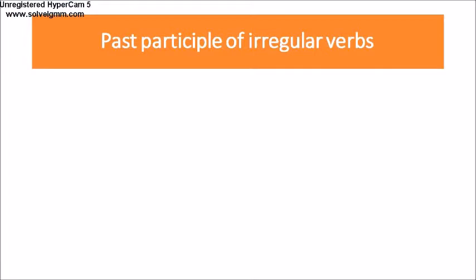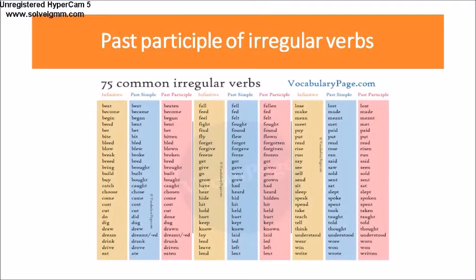Let's have a look at this chart with the 75 common irregular verbs. In the first column, you can see the basic forms of the verbs. The second column gives us the past forms of the verbs, and the third column is the past participle form of the verbs. Sometimes it is called the third form.